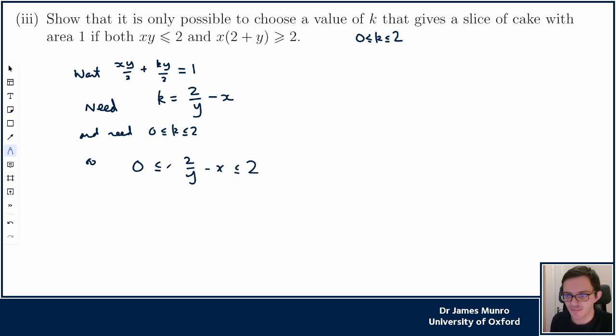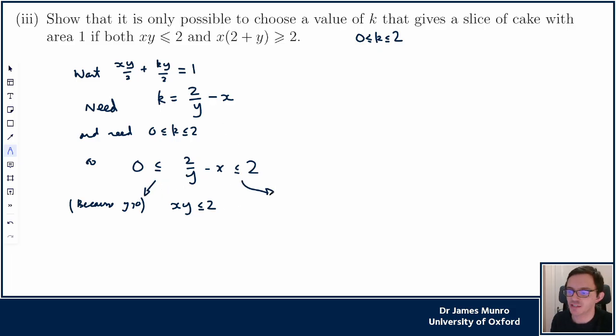So this left-hand bit, because y is positive, or bigger than or equal to 0, this thing over here on the left, this left inequality, we can rearrange by multiplying it by y to get xy is less than or equal to 2. That's the first thing.